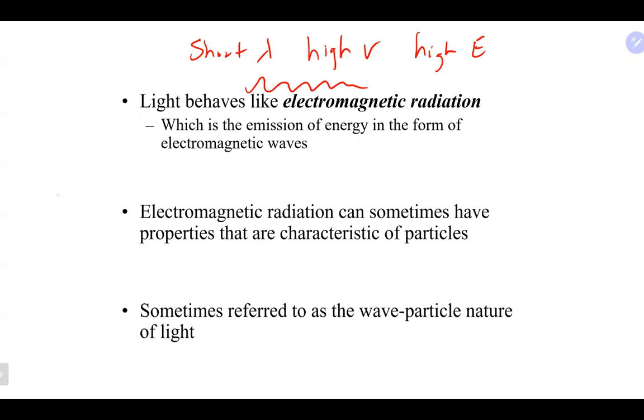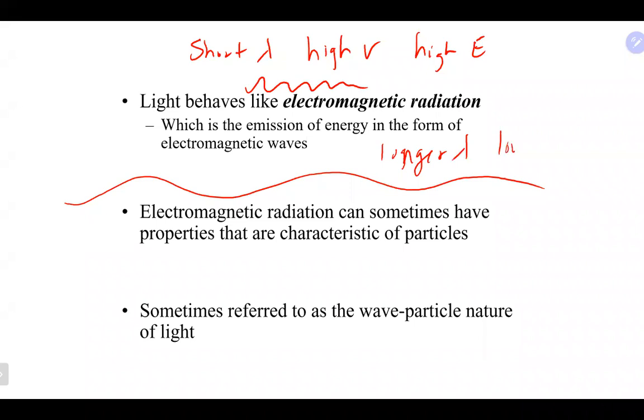If we have longer wavelengths and a lower frequency, that is usually lower in energy. So there is a relationship between the wavelength coming off a photon of light and the energy associated with it.